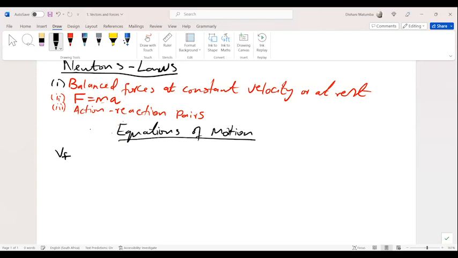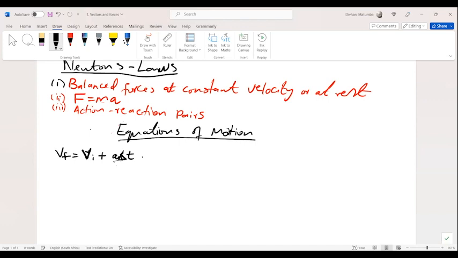Velocity final is given by velocity initial plus acceleration multiplied by the change in time. So whenever there's a change in the velocity, or whenever there's a force that acted on an object, there will be acceleration over a specific time period.